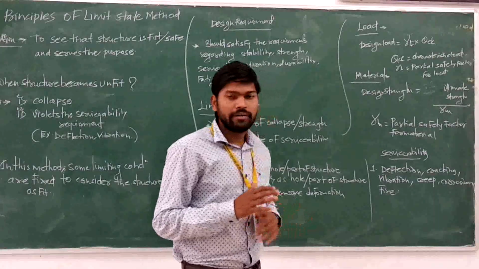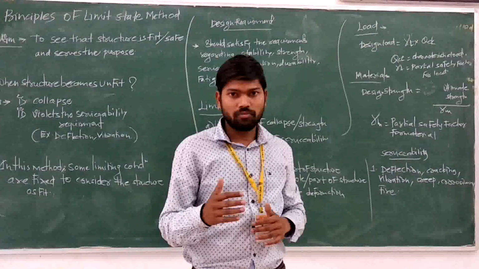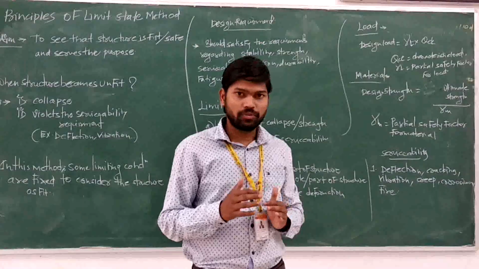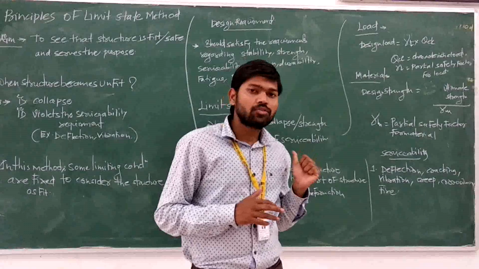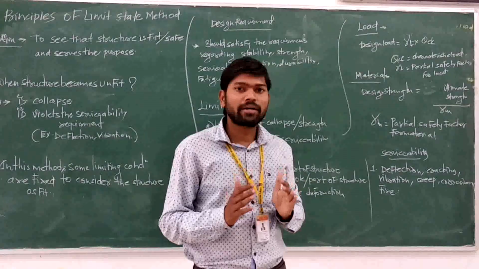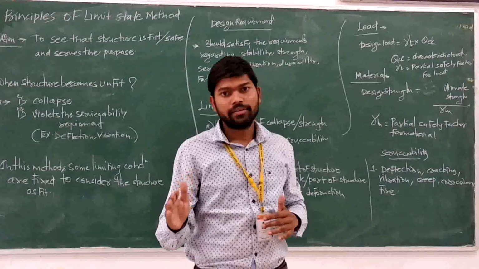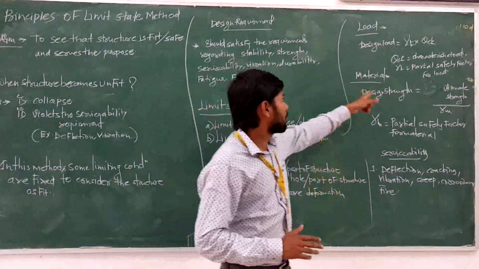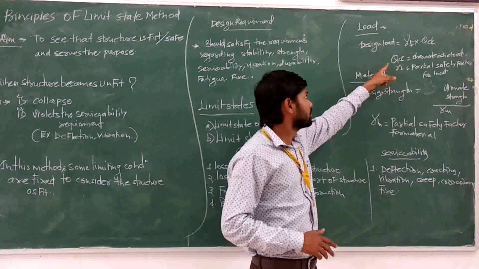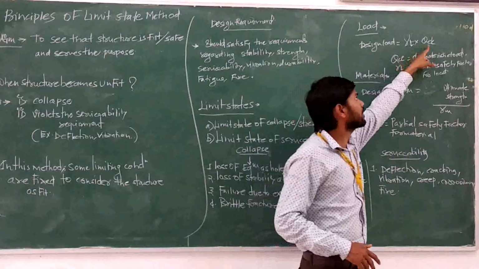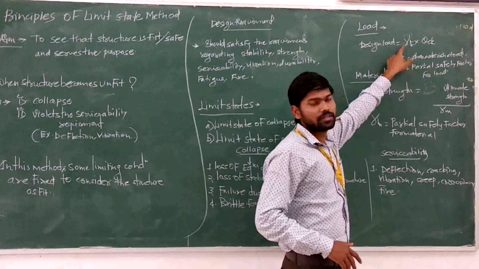I said in the last lecture, while comparing the three methods, that in the limit state method we apply the safety factor on both sides, one on the material side and one on the load side. So this gamma L is on the load side. Here we have multiplied the working load by the safety factor.